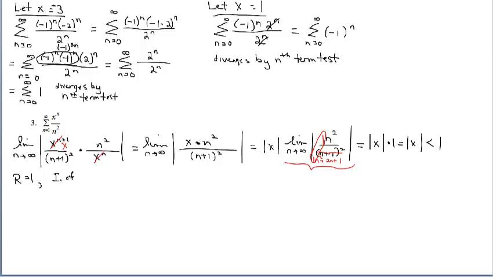And currently, until we test the endpoints, the interval of convergence would be to stay within 1 unit of the center. And again, the center is x equals 0. So 1 unit to the left puts us at -1, 1 unit to the right puts us at +1. All right, and let's test the endpoints.